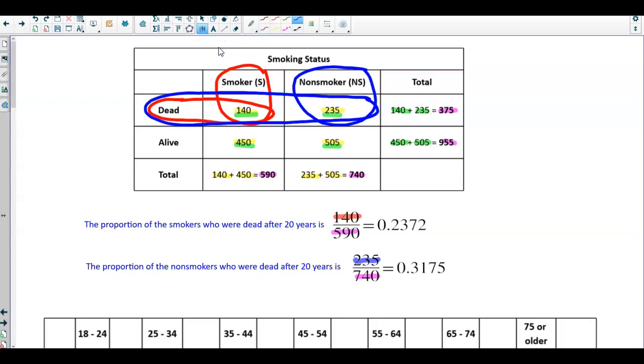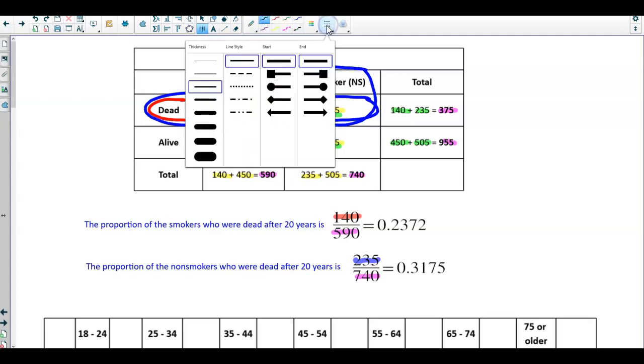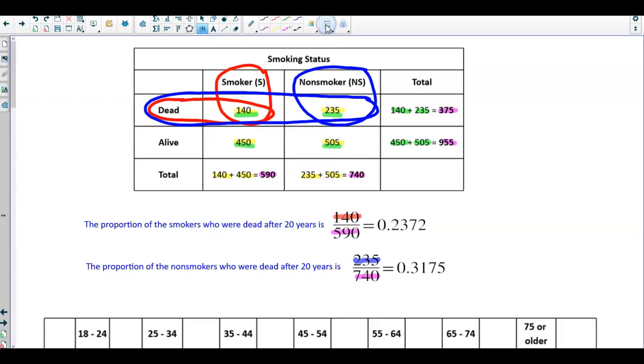Now let's round each result to 3 decimal places. This gives us 0.237, which represents the proportion of smokers who were dead after 20 years. The proportion of the non-smokers who were dead after 20 years, rounded to 3 decimal places, is 0.318.